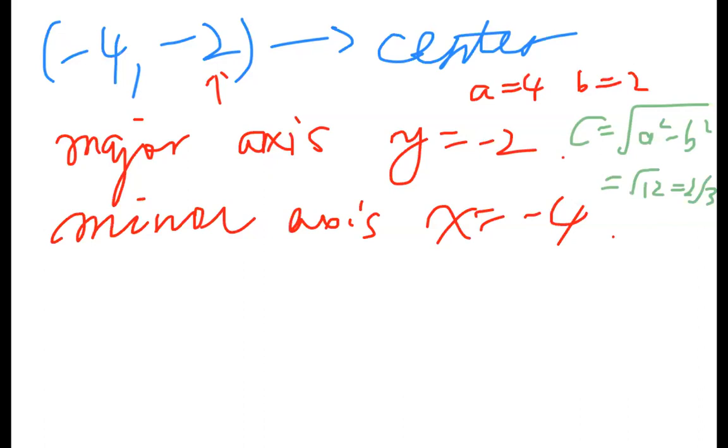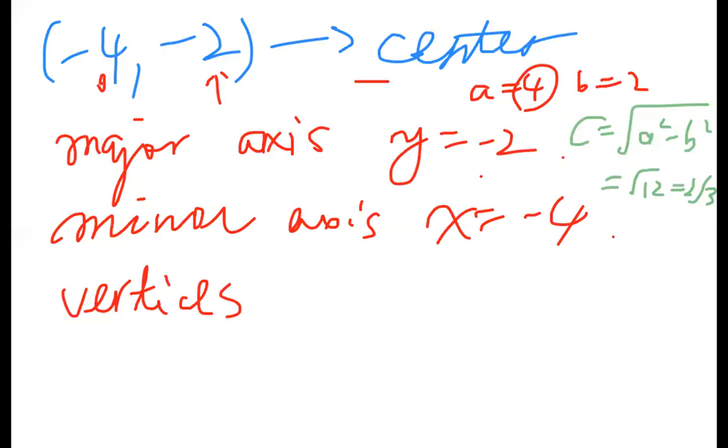Right. So now let's find the vertices on the major axis. Basically, you just add and subtract 4 on the x coordinate of the center, right?